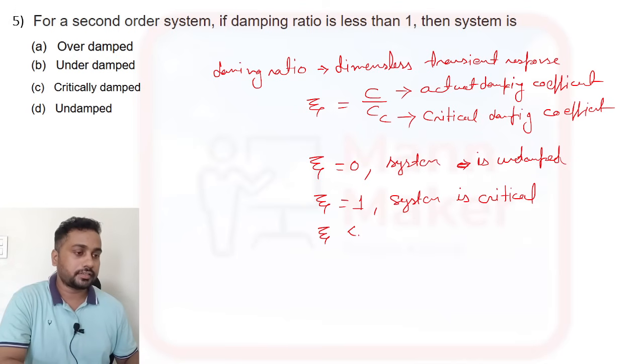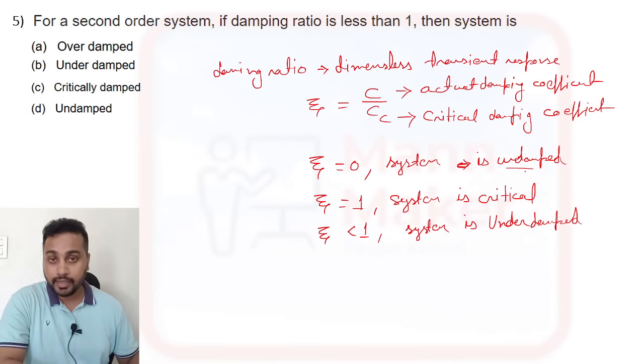When zeta is less than 1, then the system is called underdamped. So we have undamped when it is 0, and underdamped when it is less than 1.